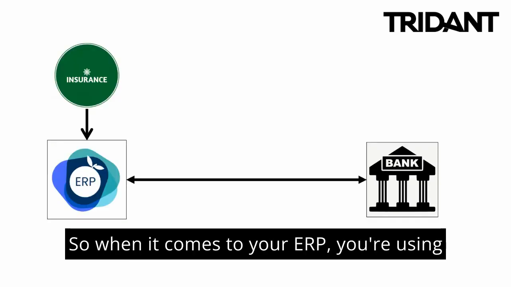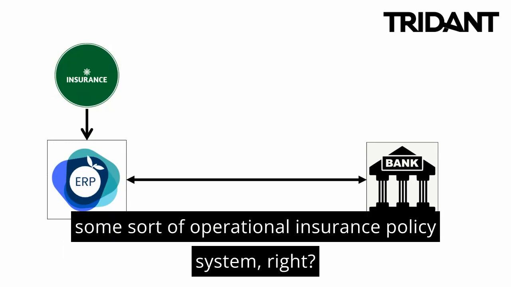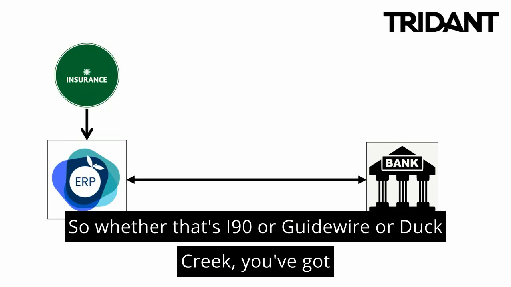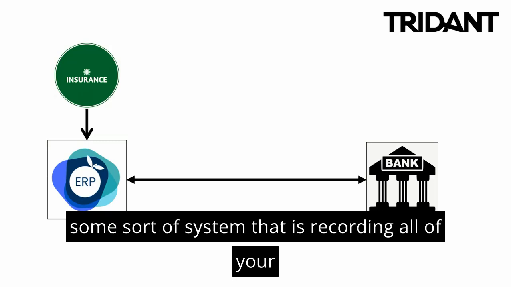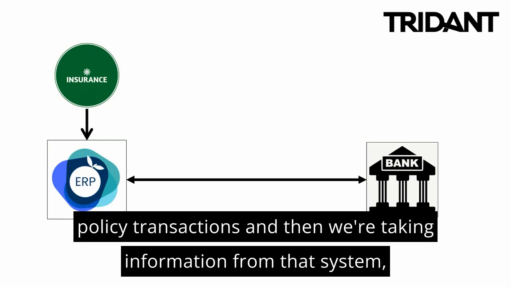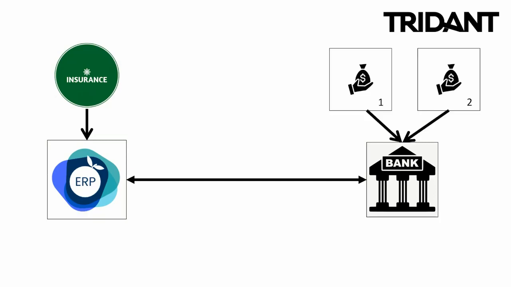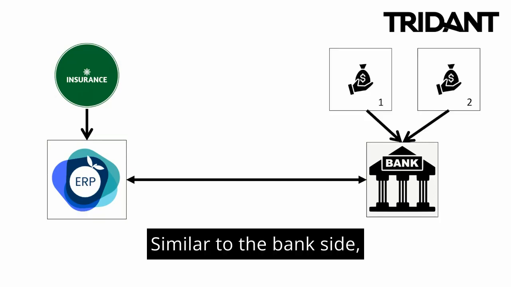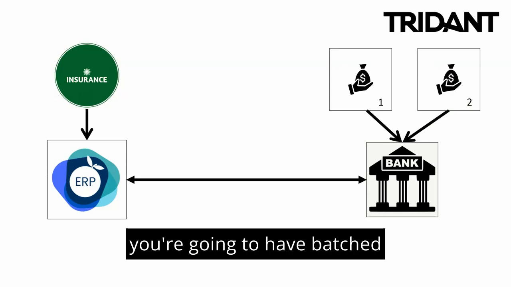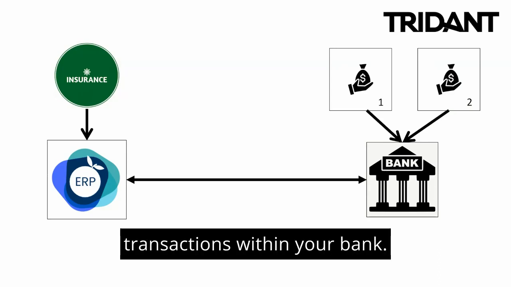When it comes to your ERP, you're using some sort of operational insurance policy system, whether that's I-90, Guidewire, or Duck Creek. You've got some system that is recording all of your policy transactions, and we're taking information from that system, batching it, and using that to post journals within our ERP. Similar to the bank side, you're going to have batched transactions within your bank.